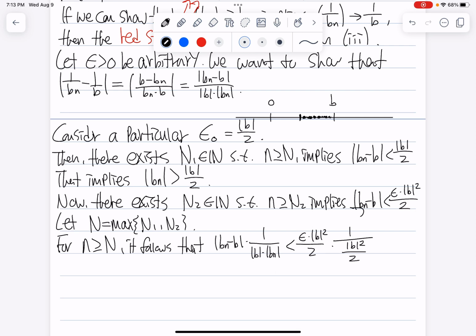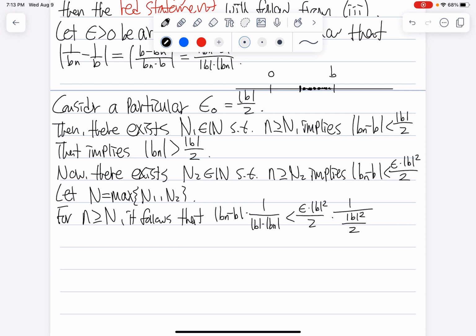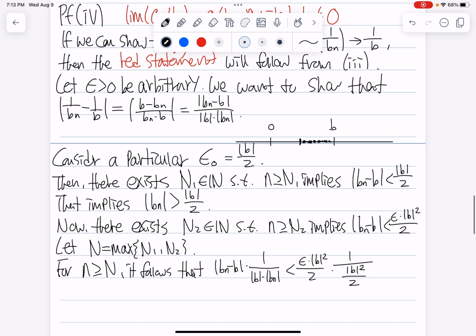So, this sounds a bit weird. Why is this happening? Well, we saw that n greater than or equal to big N implies that the absolute value of bn is greater than the absolute value of b divided by 2. And if we consider this inequality above, the part where it is 1 over the absolute value of b times the absolute value of bn, we know that the absolute value of bn is a number that is always larger than the absolute value of b divided by 2.